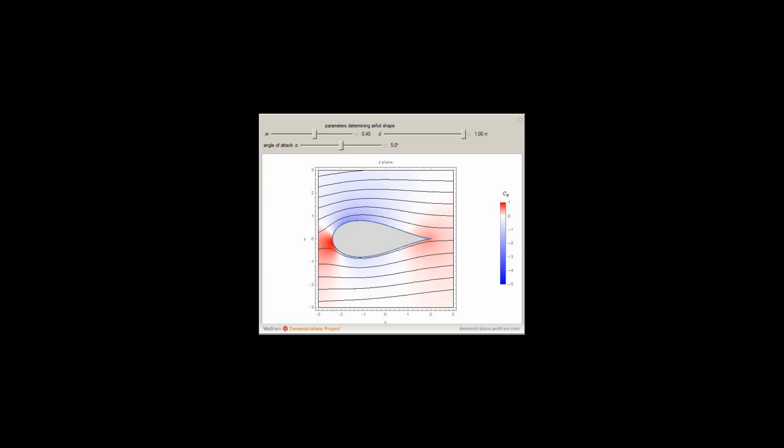The parameter ε yields a flat plate when 0 and a circle when infinite. Thus, it corresponds to the thickness of the airfoil.